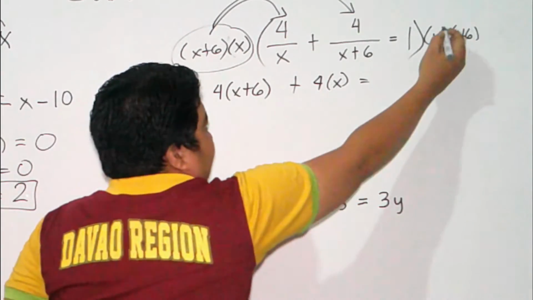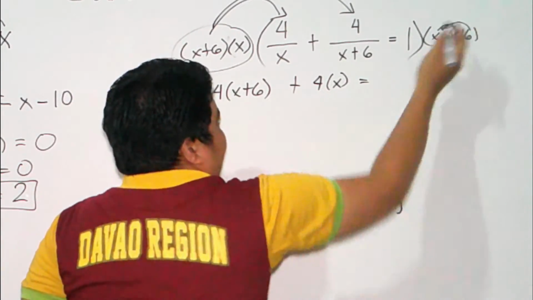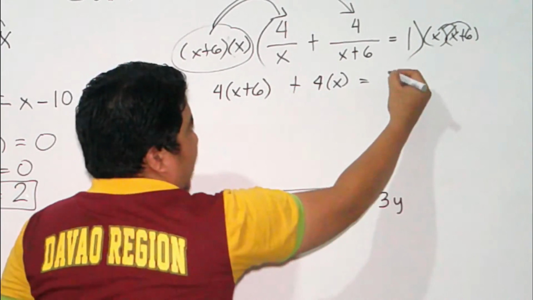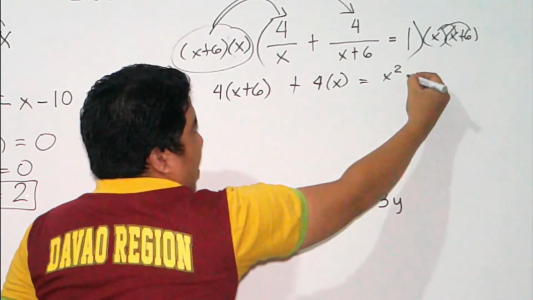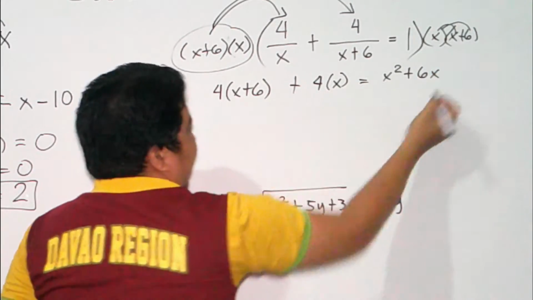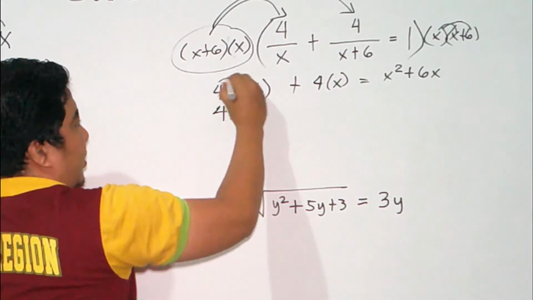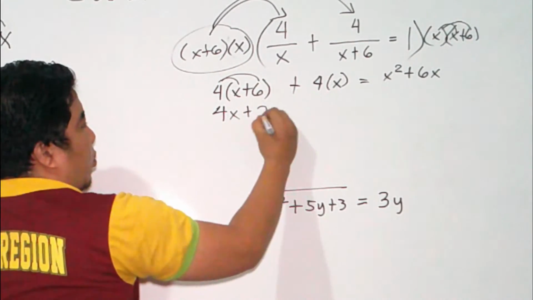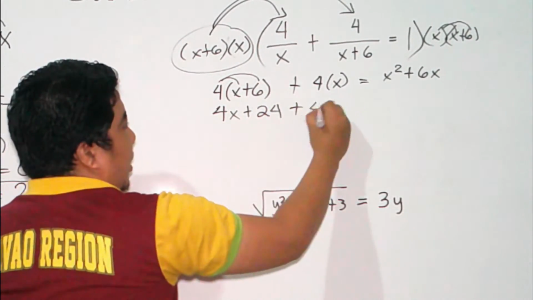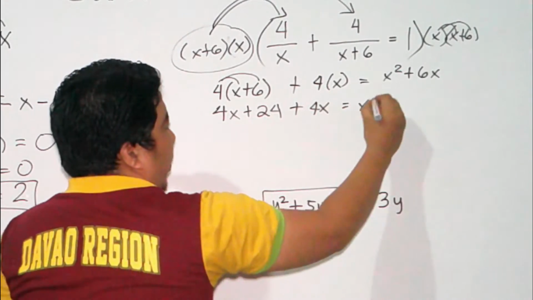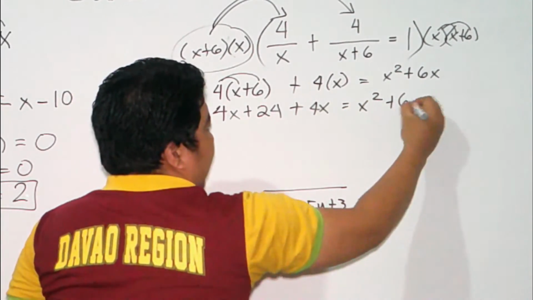So that is x times x plus 6. Okay, so x squared plus 6x. Let's just simplify here. We have 4x plus 24 plus 4x is equal to x squared plus 6x.